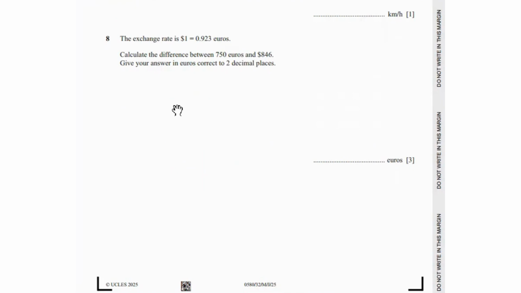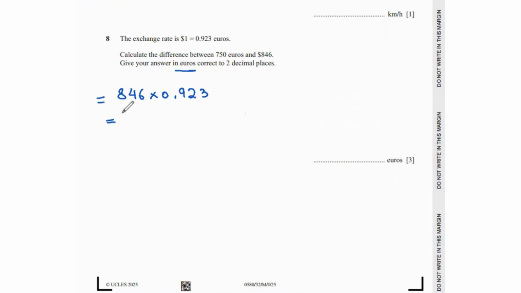Then it says the exchange rate is $1 equals 0.923 euros. Calculate the difference between 750 euros and $846. Give your answer in euros correct to 2 decimal places. So they want the answer in euros. So we have to convert the 846 into euros first. So 846 times 0.923.